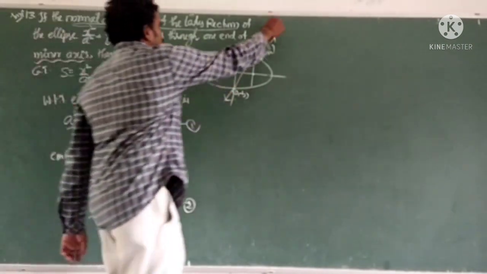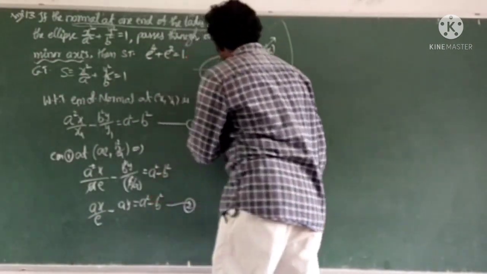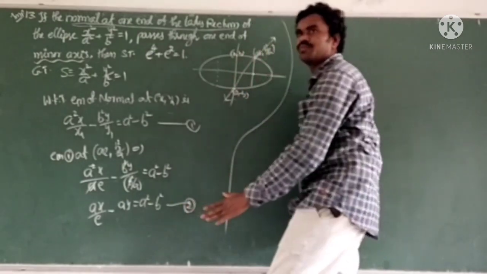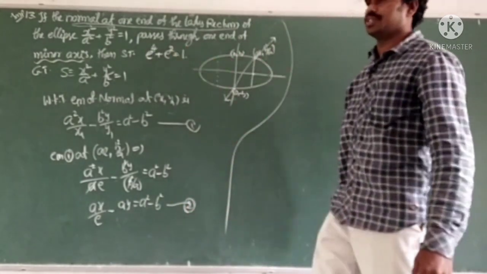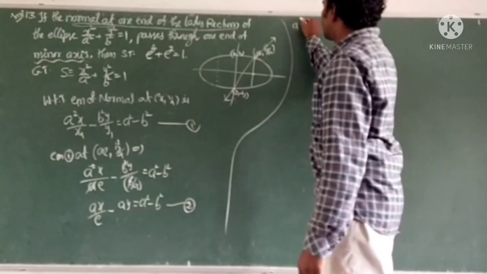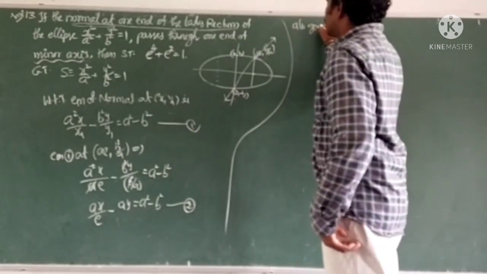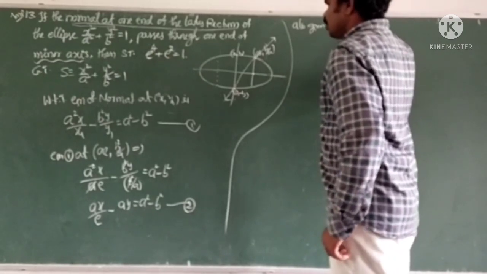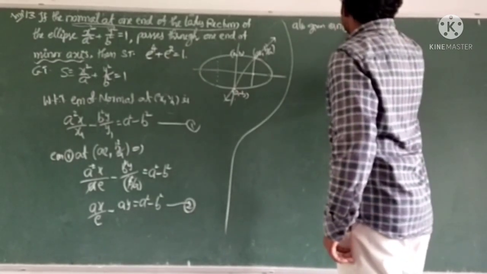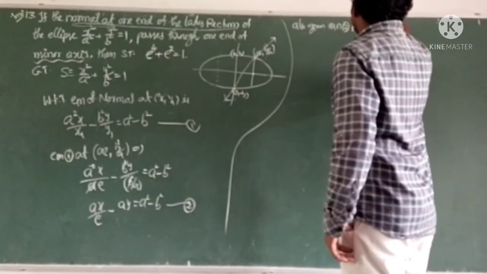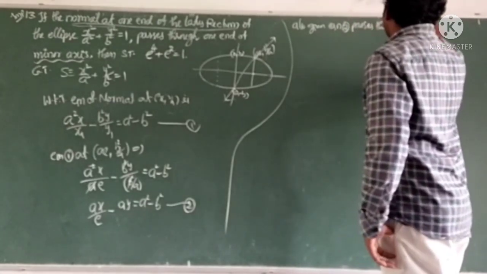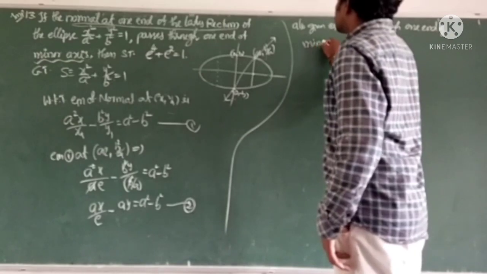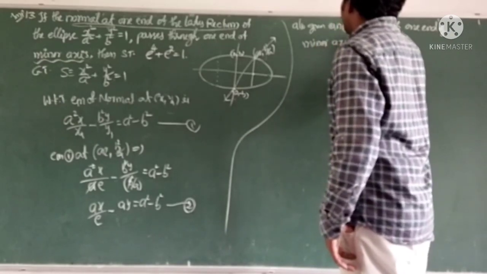Okay, so next what do we have to do? Substitute this (0, -b) in this normal equation, meaning in equation 2, and simplify, we get the condition. So also given, equation 2 passes through one end of the minor axis. What is one end of the minor axis?